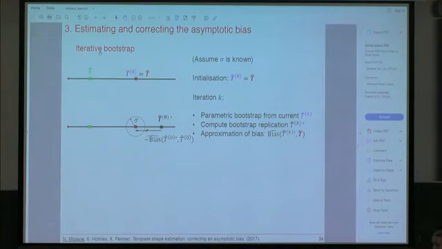So what we do is a simulation. Since we know sigma, we generate new data around our first estimator. We generate new data, and because we have assumed we know the generative model, from this new data we can compute the estimator of their templates. So we compute this guy, which is the estimator of this guy.